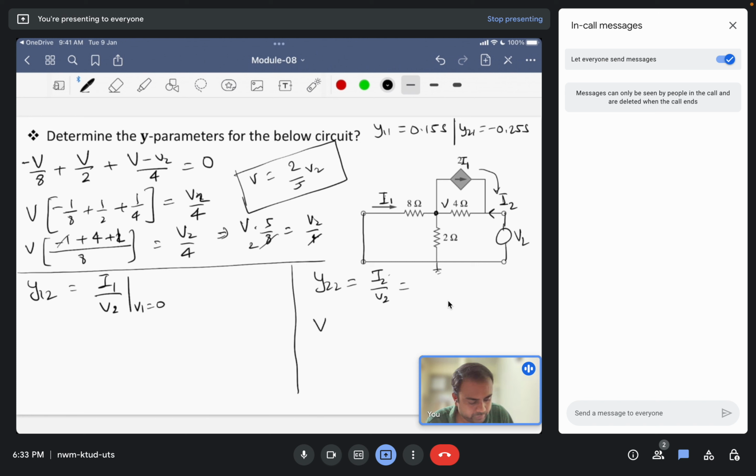So V minus V2 by 4, that is this current, will be equal to negative of, since both are coming together, with a negative sign as they are against the direction, twice I1 plus I2. So V we know is 2 by 5 V2, minus V2 by 4 is equal to minus 2 I1 plus I2.